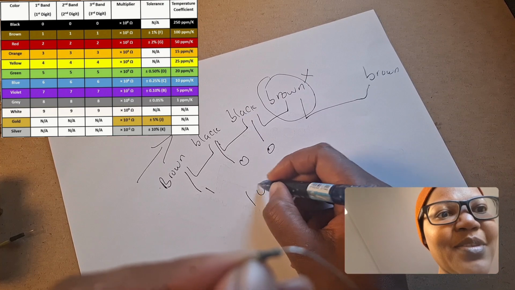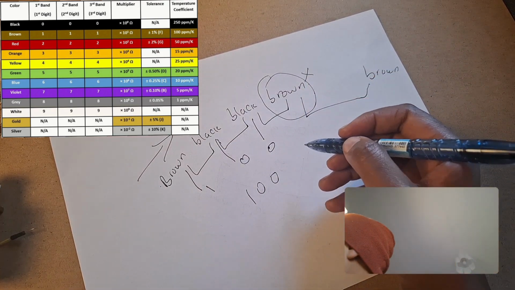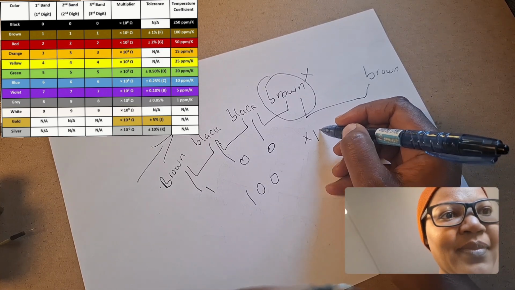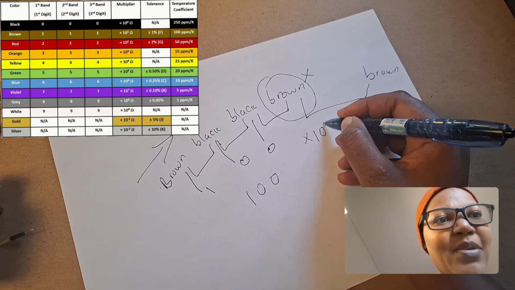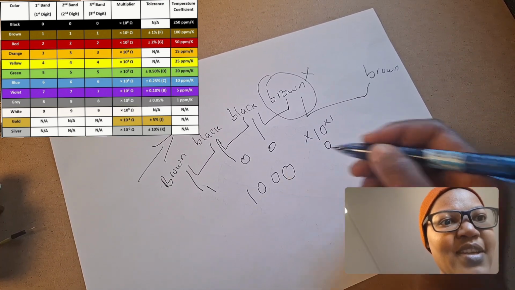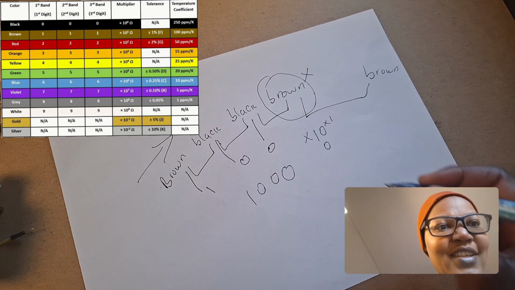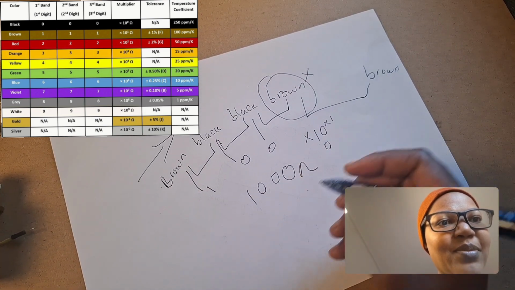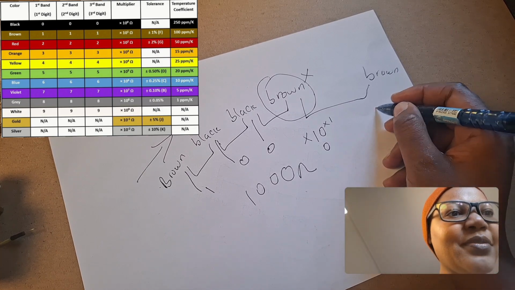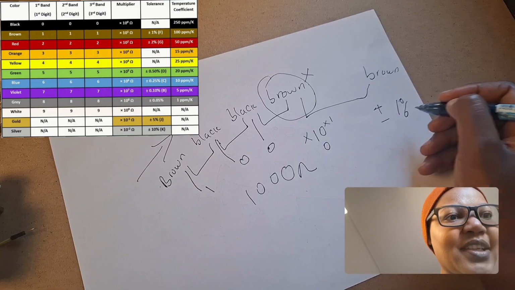So we have 100, and then the brown multiplier is times 10 to the power of 1, so that means it's just 1. And that's our value in ohms. And the brown one has a tolerance of plus or minus 1%.